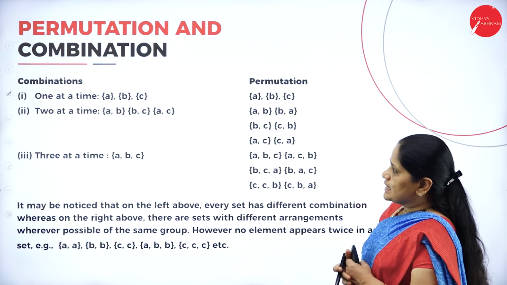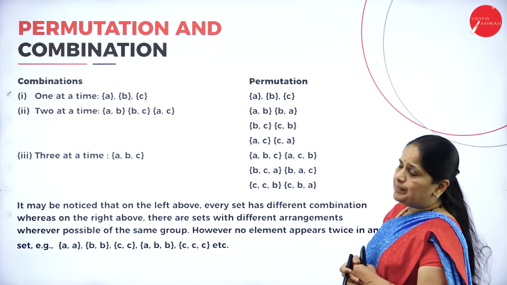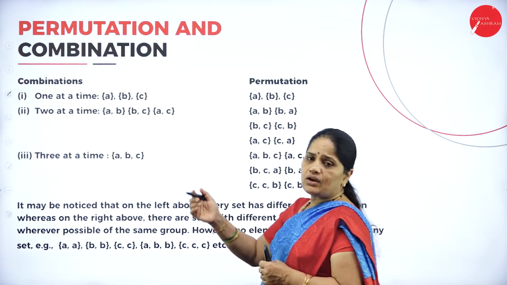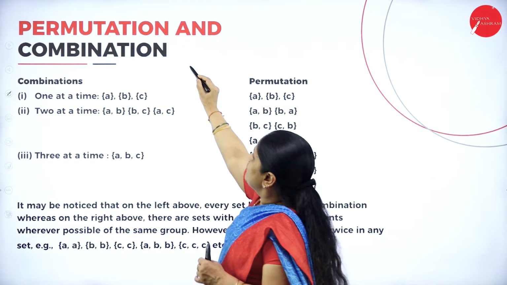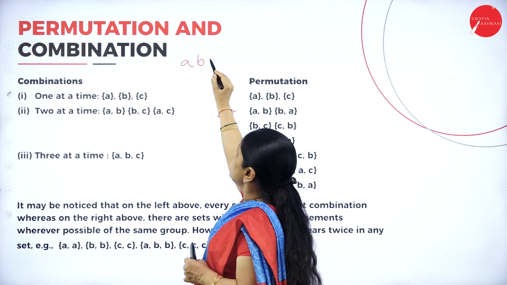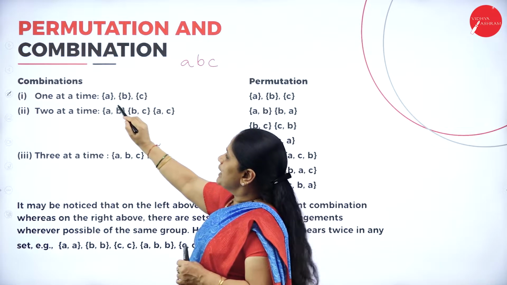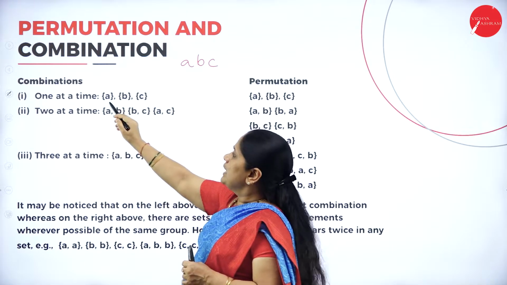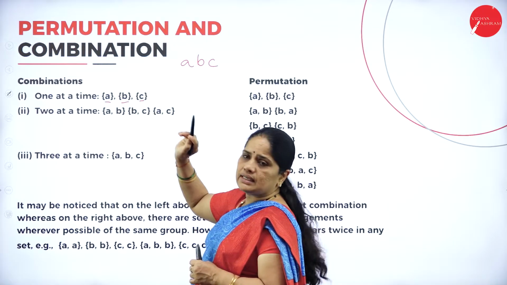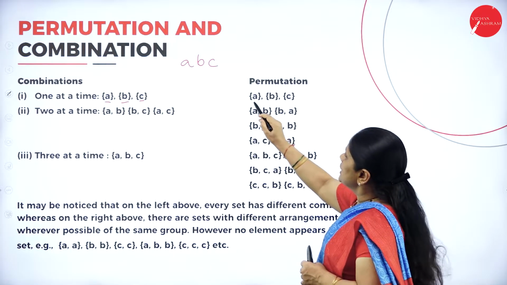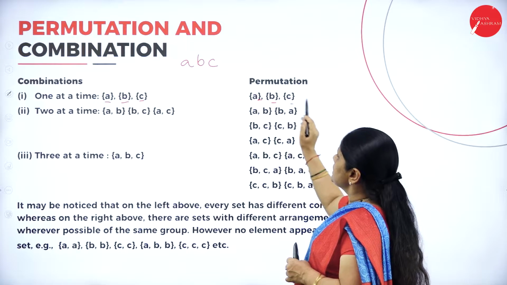Next, we have an example here. If I take 3 letters A, B, C, in combination, if I say one at a time, it will be A, B, C. In permutation, it will be A, B, C again.